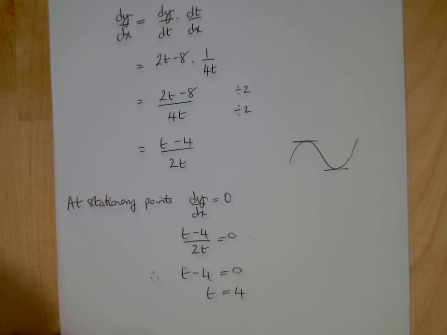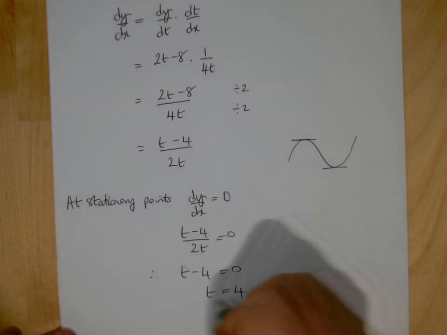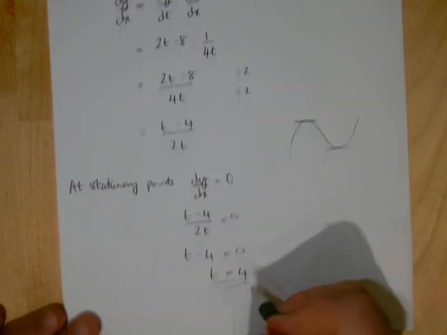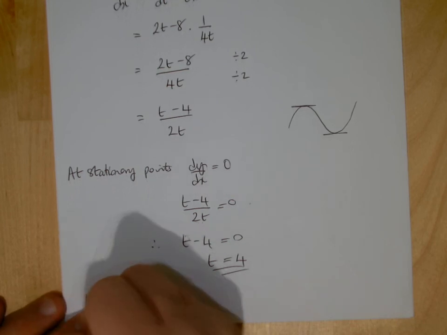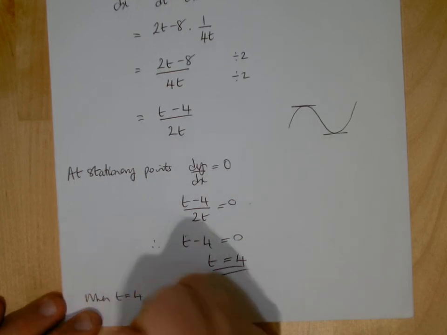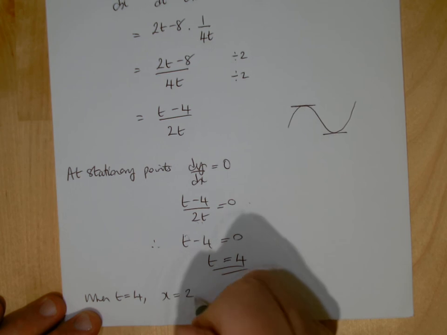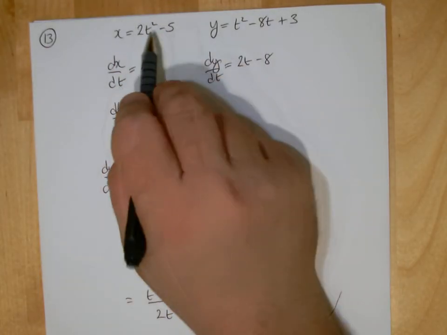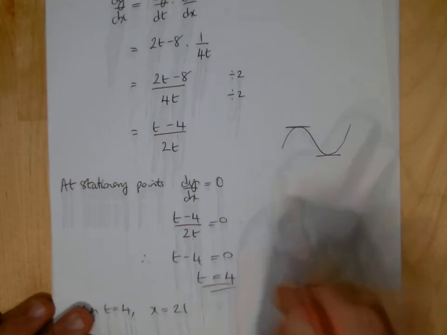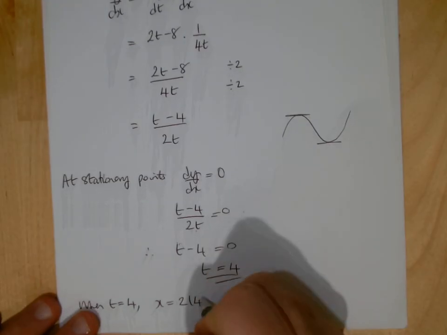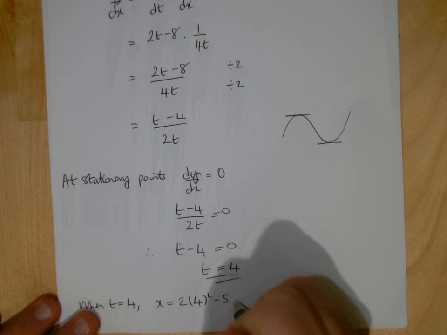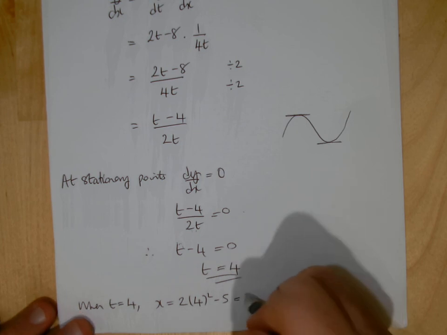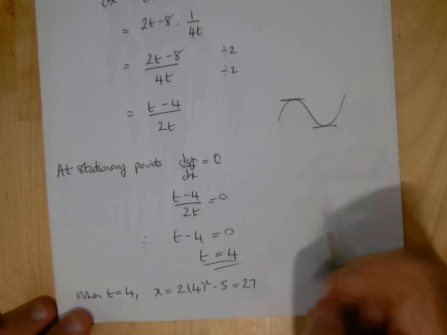Okay, so the stationary point occurs when t is equal to 4. And we can actually find the coordinates, can't we? So when t is equal to 4, x will equal 2 times, going back to these from the start, just sub t in, 2 times 4 squared minus 5. So if I do that, I get 27.